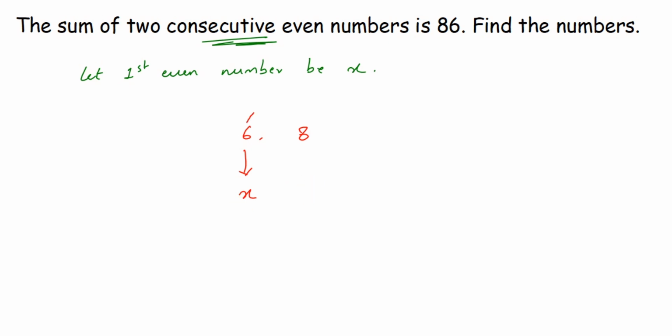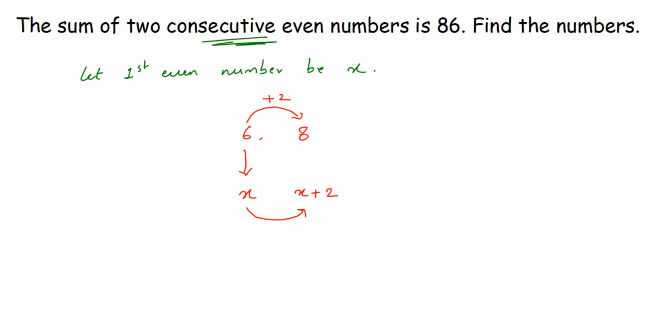How much should you add to 6 to get 8? If I add 2, I get 8. 6 plus 2 is 8. Similarly, to get the next even number, I have to add 2 to x. So my second, consecutive even number will be x plus 2.